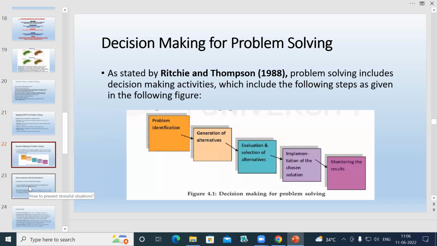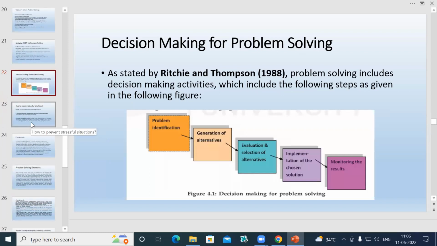Now, decision making for problem solving. Ritchie and Thompson in 1988 said that problem solving includes decision making activities, because taking a responsible decision is very important, and it involves these steps.